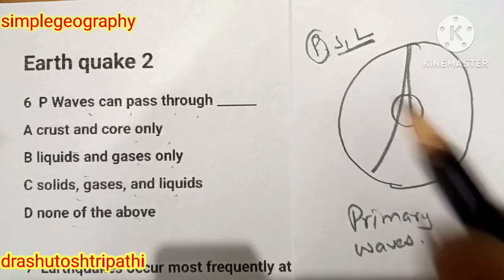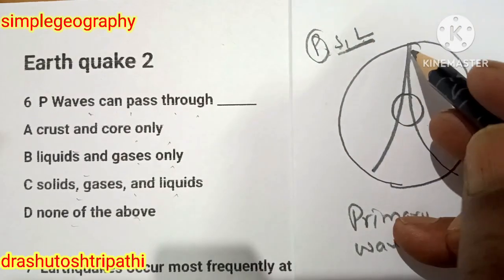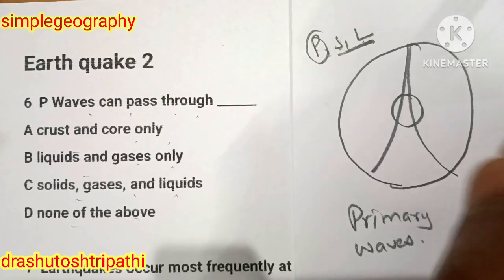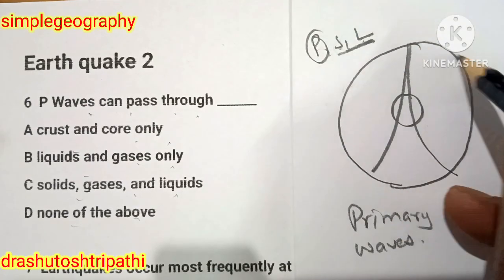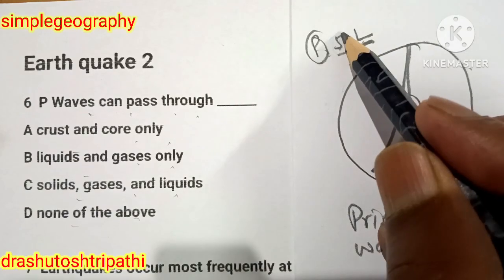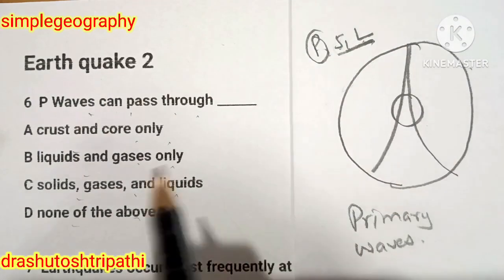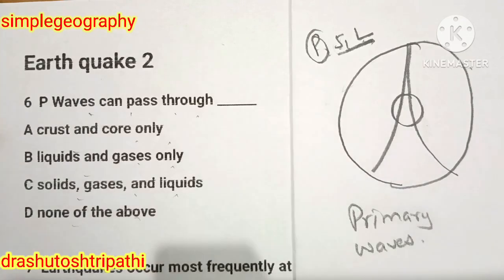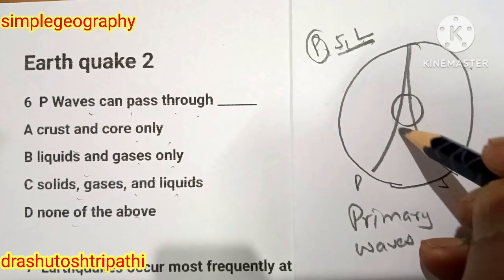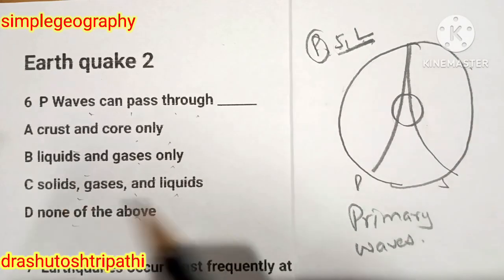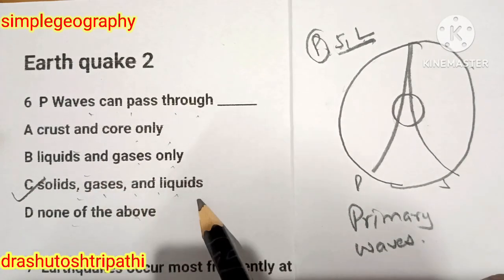but its intensity is lower as compared to the others. Why? Because the P wave originates inside the earth. That's why its intensity on the crust is least compared to the S wave and the L wave. The most important point is that this P wave passes through the inner part of the earth, which proves that the P wave passes through solid, gases and liquid.